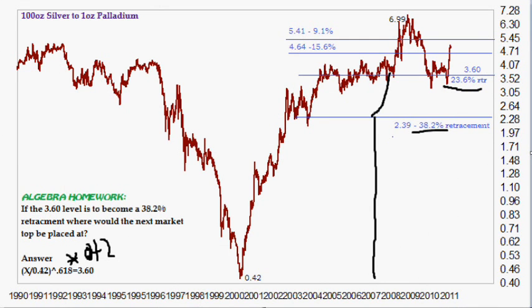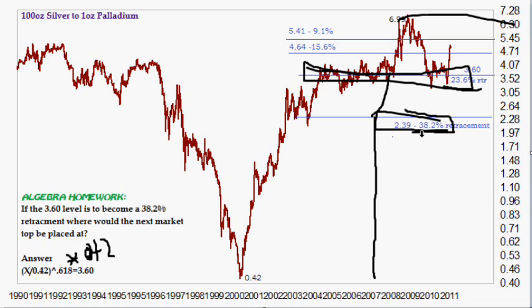Basically what this tells me is that if this does break out, the logical scenario is that this Fibonacci level will be in or around this range in here, because for some reason, I don't know what it is, but retracements of Fibonacci seem to tend to work towards the large, major, significant levels.